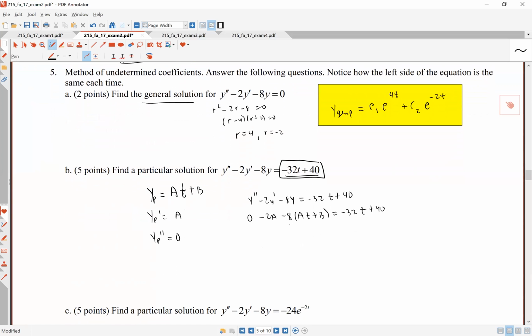All right, so that's negative 8at plus negative 2a plus b. We can see then that negative 2a plus b is 40 and negative 8a is negative 32. a is 4.